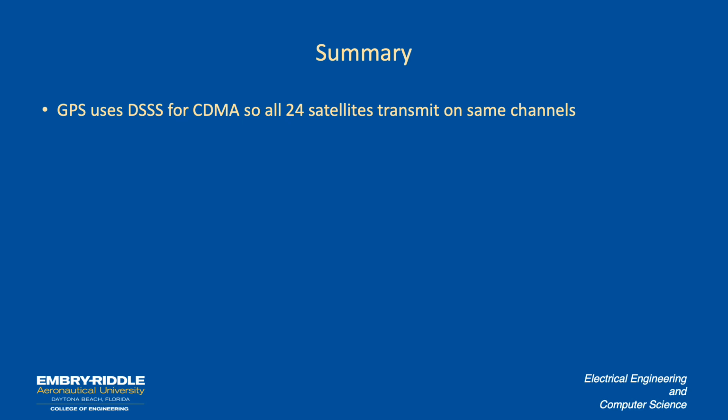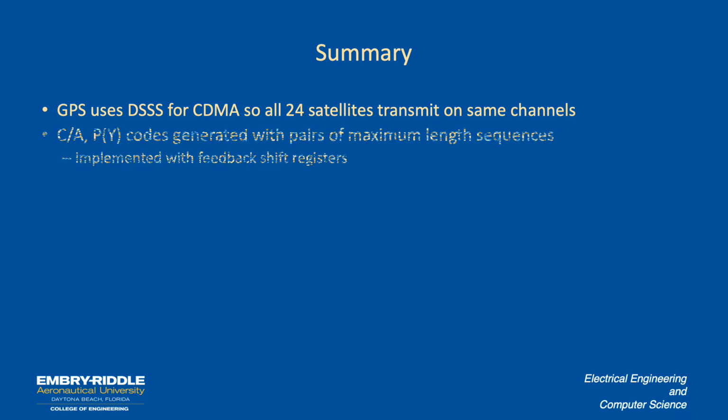So we saw today how GPS uses direct sequence spread spectrum for code division multiple access, code division compared to time division and frequency division. All 24 satellites can transmit on the same channels. It's the same thing your wireless phones use.